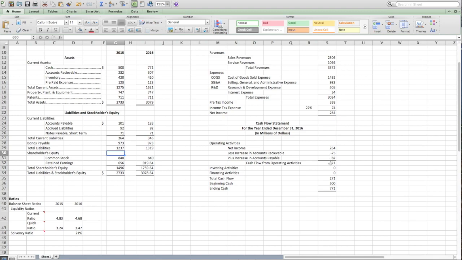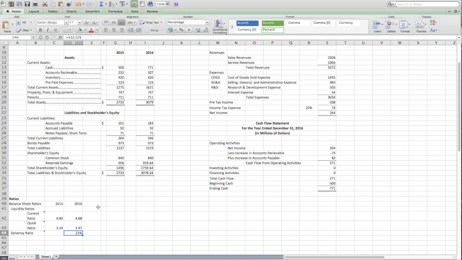So we can see how much cash the company generated from operations in this year, and we're going to divide that by the total liabilities, this number here. So it's basically this number divided by that number. That's what this is telling us right here. And then that comes out to be a percentage. In this case, it's 21%, and that's a good deal.